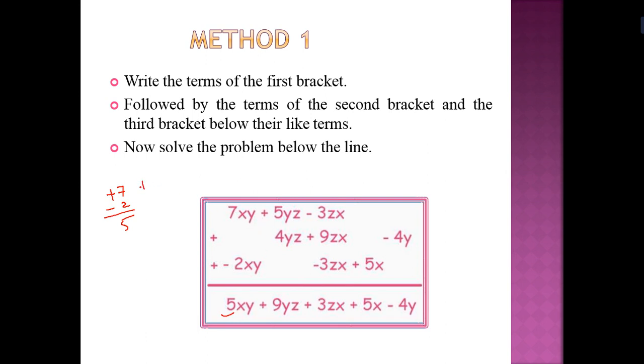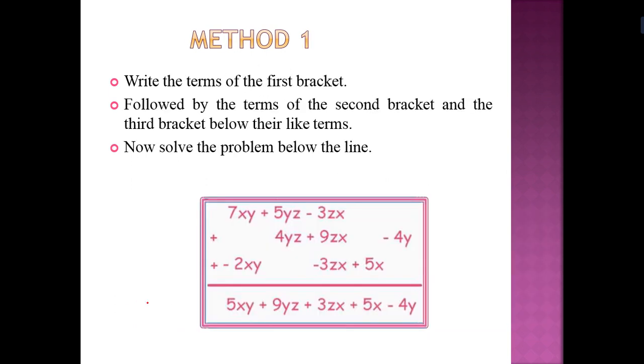Now both coefficients are plus, so plus plus plus, that is why 9. Here minus 3 plus 9 minus 3. So first minus minus plus, that is minus 6 plus 9, that is plus 3. They are unlike terms, so we cannot do anything. So that is the correct answer, whatever we have solved.